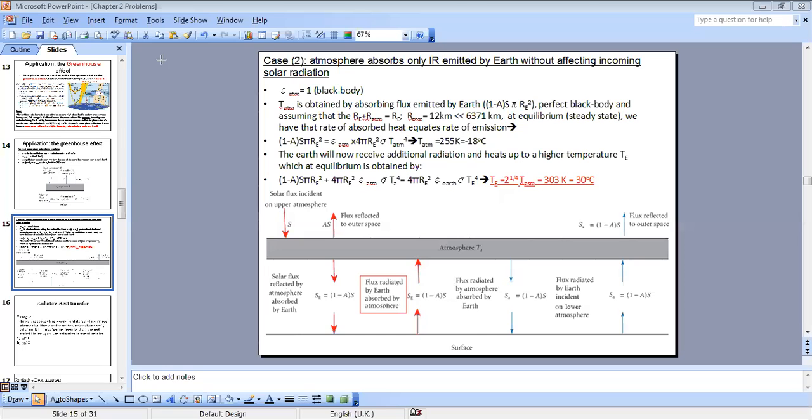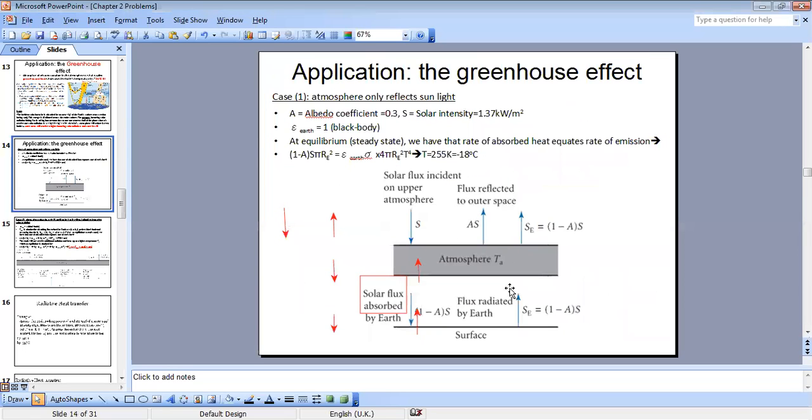So if you look here, it's directly transmitted. This is the flux radiated by the Earth, and here it's transmitted by the atmosphere without any absorption. So as we said, it's like the atmosphere is not here.